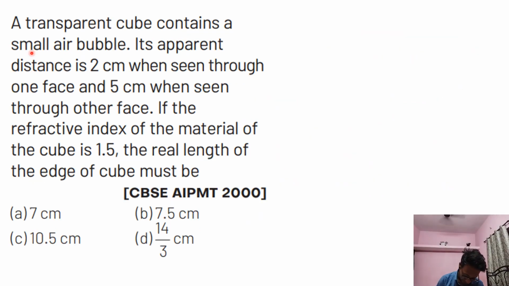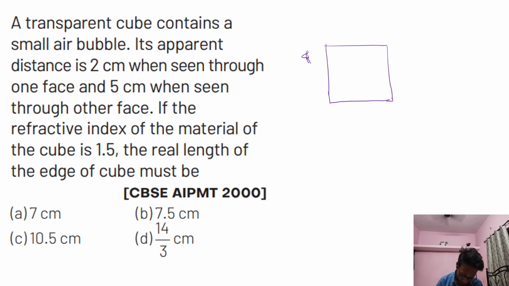This is the same type of question. A transparent cube contains a small air bubble. Its apparent distance, that means the image or the perceived distance, is 2 centimeter when seen from one face and 5 centimeter when seen from the other face. That means there is a cube. From one face, the apparent distance is 2 centimeter.